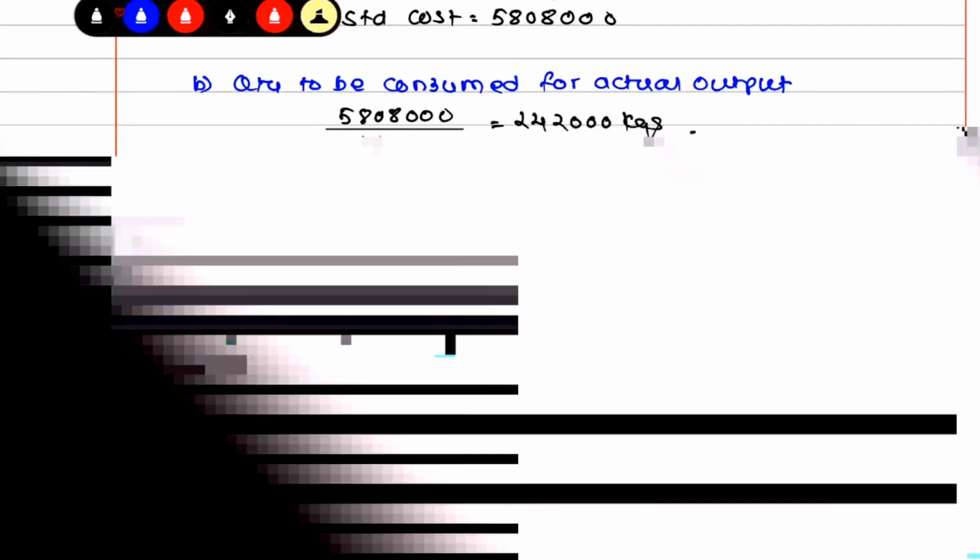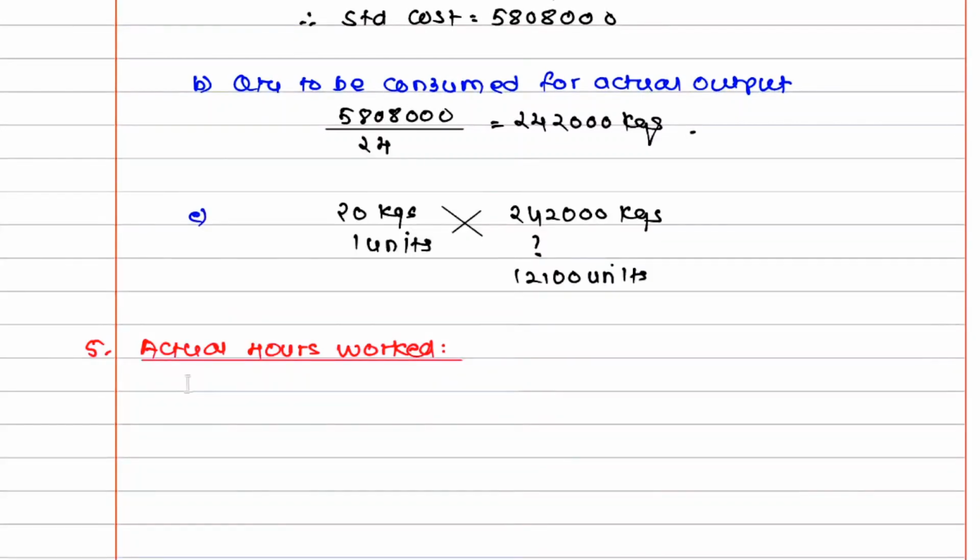So when I say actual hours worked, I will say like this, efficiency variance. The formula will be standard hours minus actual hours, efficiency, into standard rate.